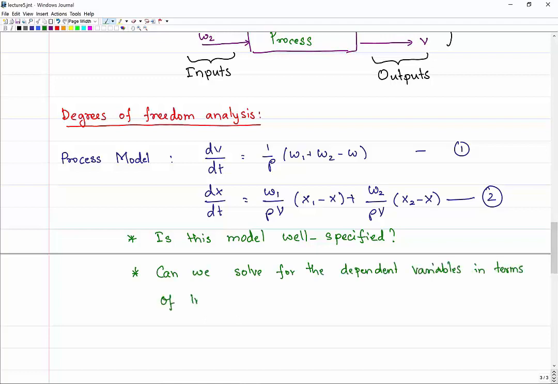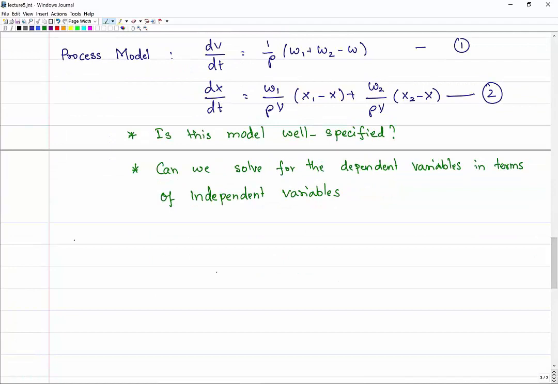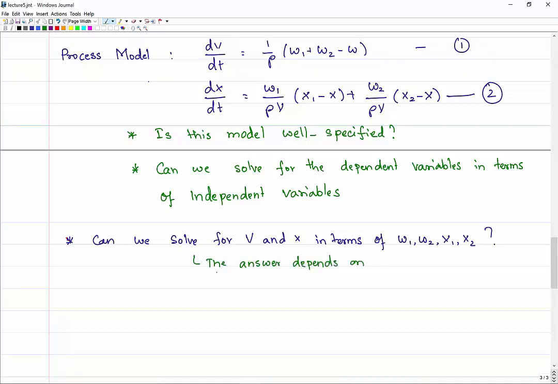The question we want to ask is, can we solve for the dependent variables in terms of the independent variables? Is that possible given the two differential equations we have for the blending process? In other words, can we solve for the two dependent variables v and x in terms of the independent variables, the w's and the x's?